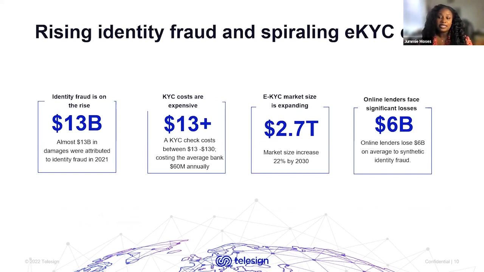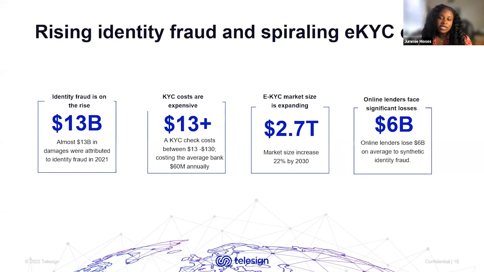And though KYC is important, it's very expensive. A KYC check costs between $13 to $130, which costs the average bank about $60 million annually. And with a majority of financial institutions taking advantage of digitization, the eKYC market continues to expand and is set to increase by 22% in 2030 to about $2.7 trillion.